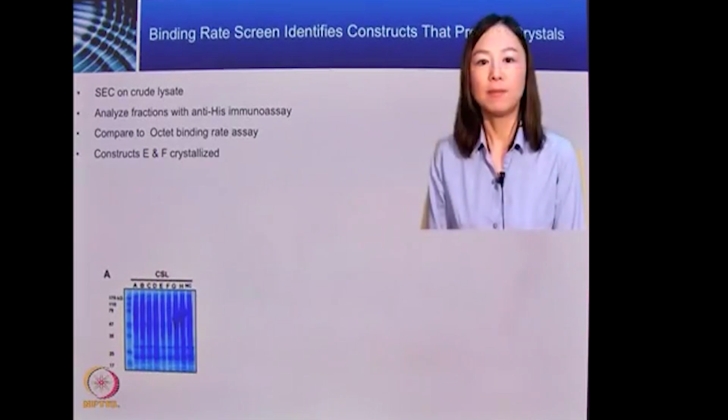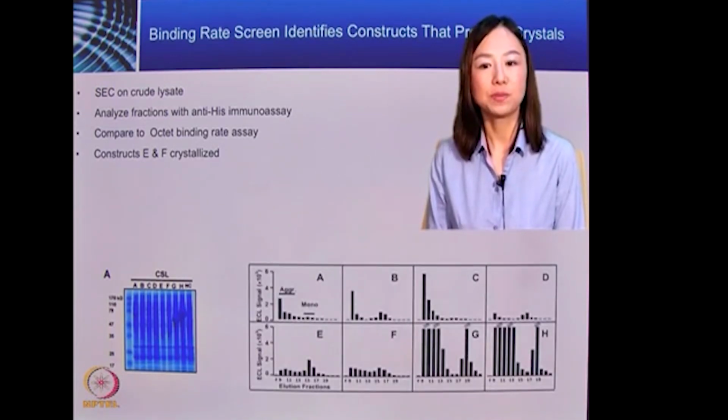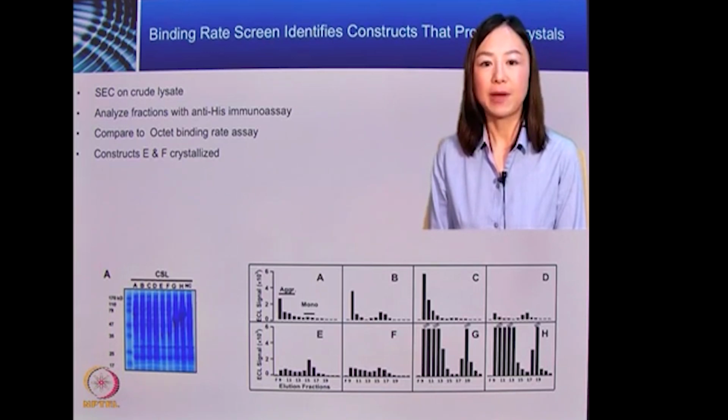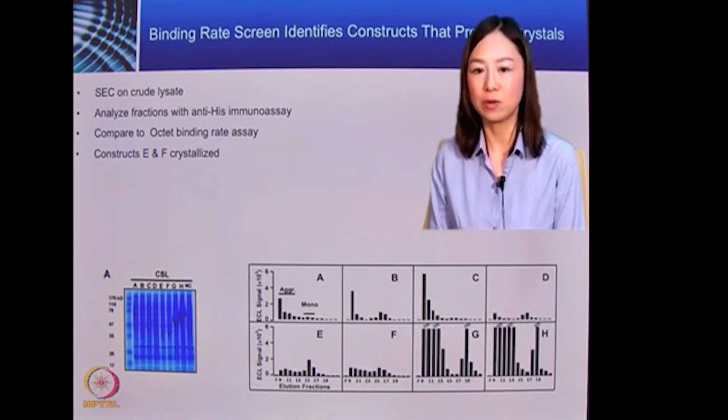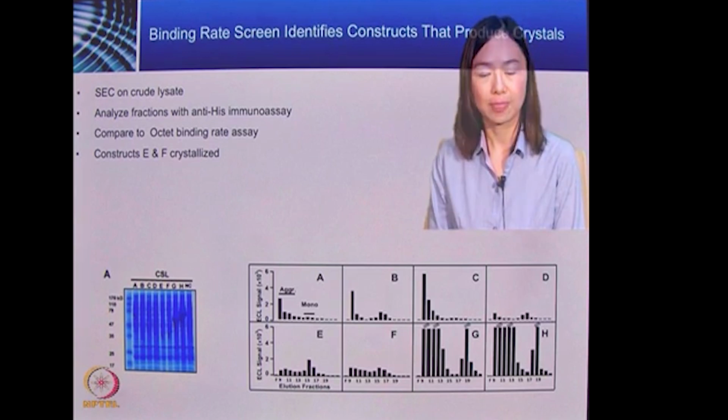So in this particular research, the researchers firstly perform a SEC, size exclusion chromatography, on a crude cell lysate. From there, they can get a pattern distribution of the different constructs. And also, by using SEC analysis, they can identify which portion is a soluble portion and which portion is the aggregated portion.